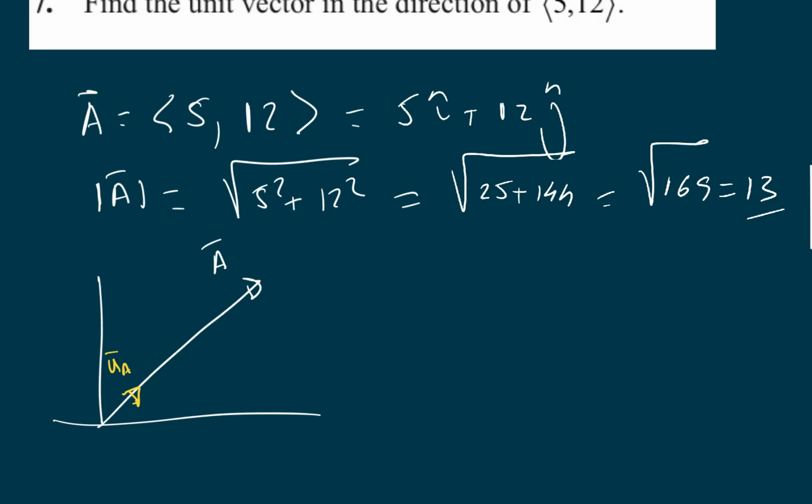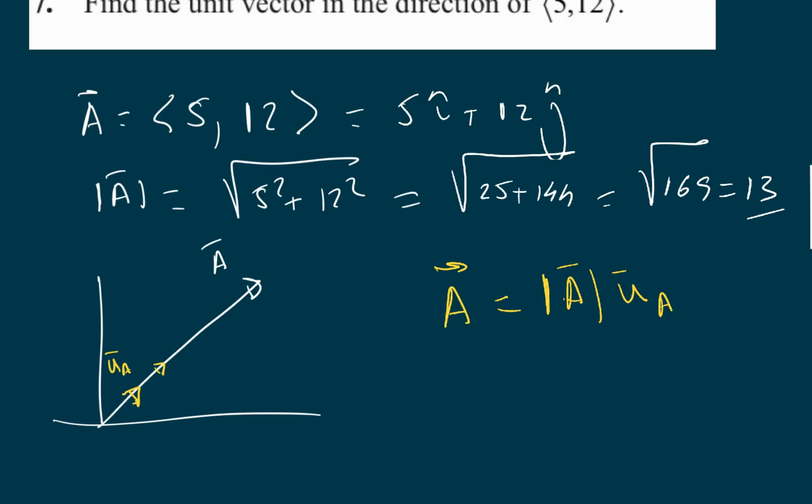Well, the idea is to see this equation. The vector A is made by the magnitude of A in the direction of u sub A. What does this mean? It means that the magnitude of A is 13.